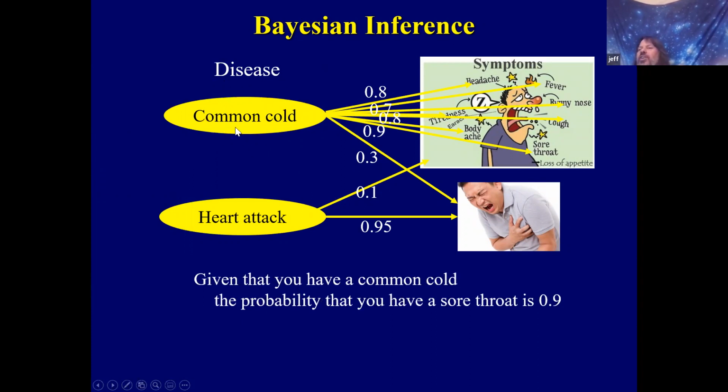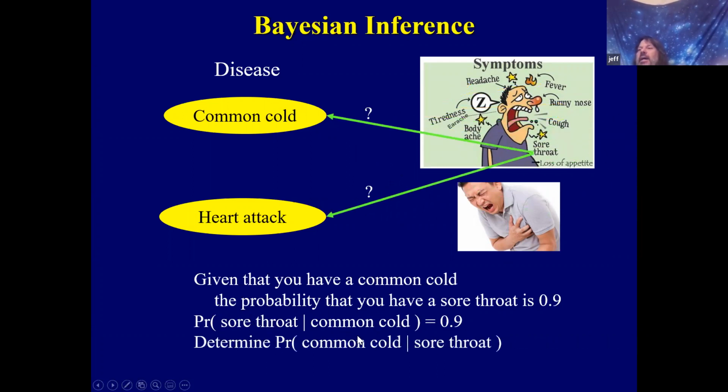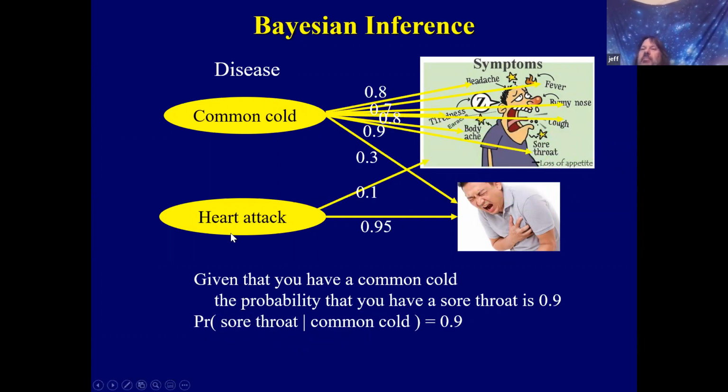Suppose you have a common cold, you can calculate the probability that you have a sore throat. So this is written as: what's the probability I have a sore throat conditioned on the fact that I have a cold. Similarly, you can say if I'm having a heart attack, what's the probability that I have a sore throat?